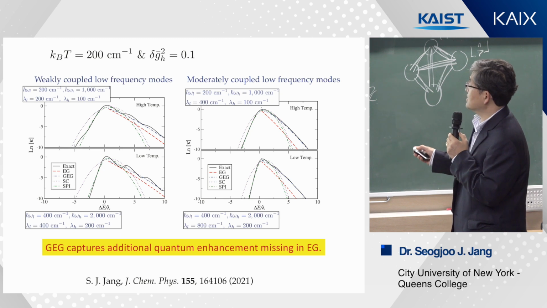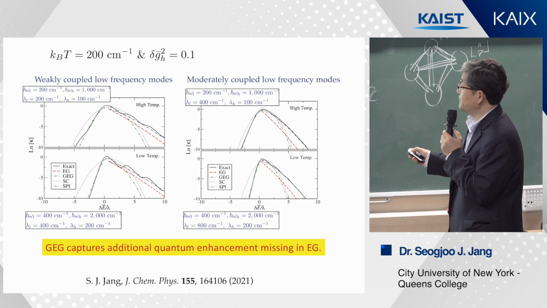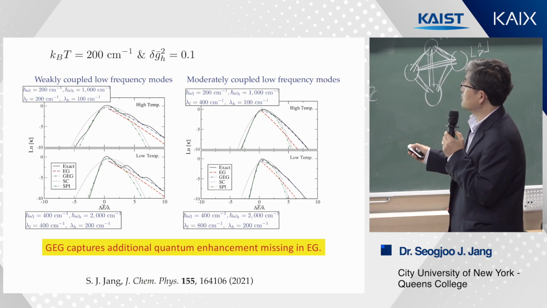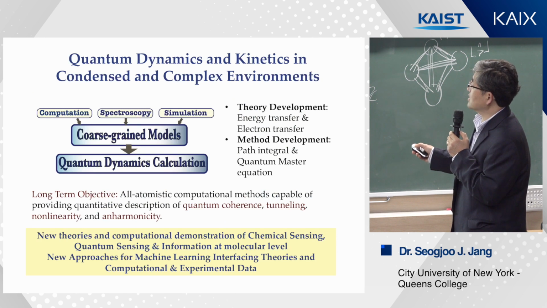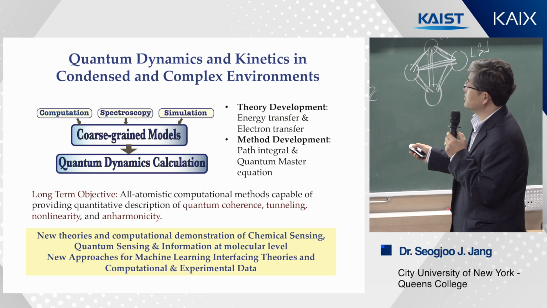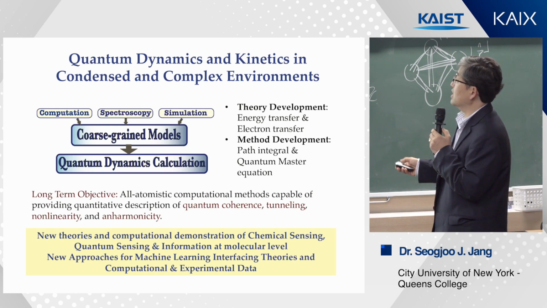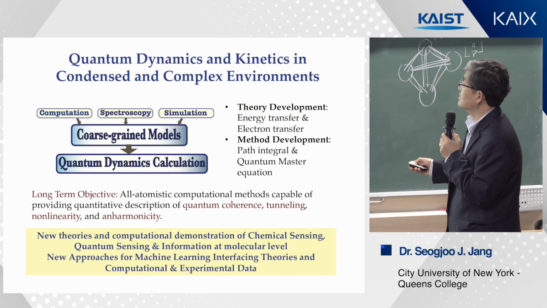Even though in this case it appears to reproduce the qualitative result, there is significant difference between the actual exact result and the Jortner-Englman theory. And the new theory is capable of actually almost agreeing with the exact calculation here.